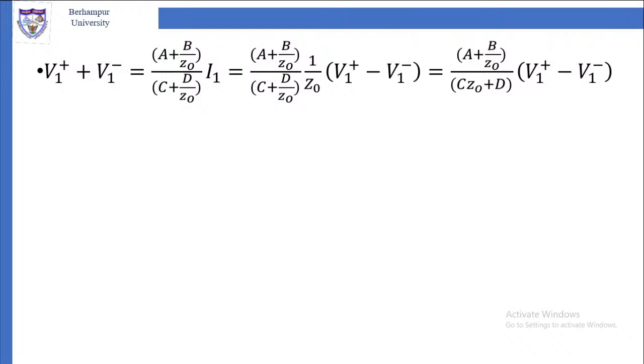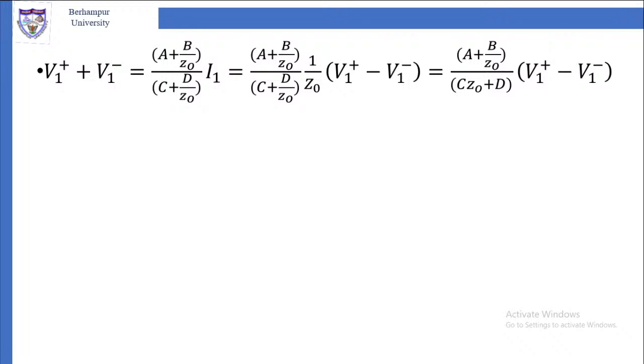Now let us use these values. So V1 plus plus V1 minus will be equal to A plus B by Z0 divided by C plus D by Z0 into I1. For I1, we can write I1 is equal to 1 by Z0 into V1 plus minus V1 minus.